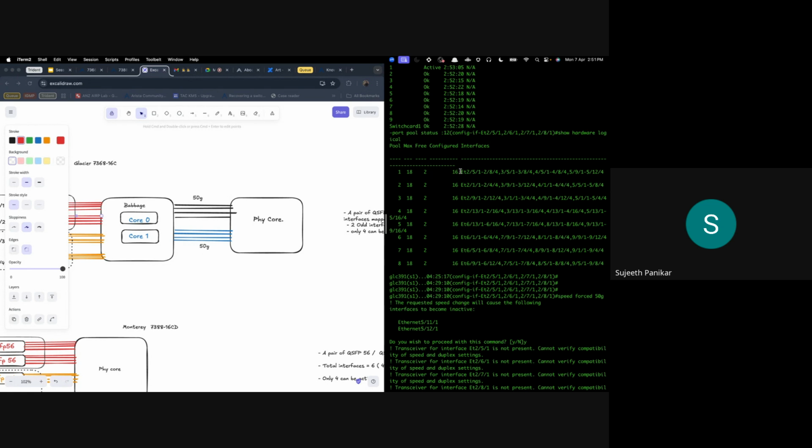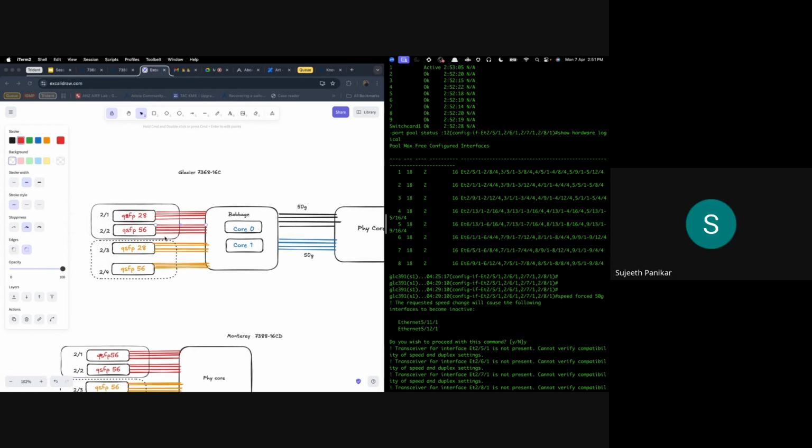They will go to a pipeline. In one pipeline, there will be 5 cores. Now, on line card 2, say 2/5/1 to 2/8/4, that will be mapped to 5, 6, 7, 8, two such Babbage cores.